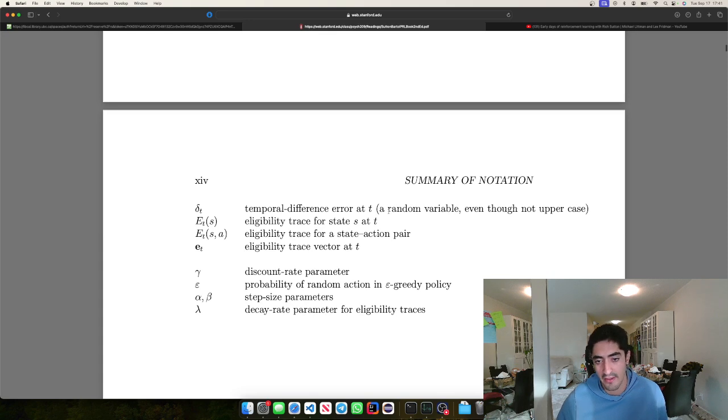Temporal difference error at t, a random variable even though not in our case. Eligibility trace for state s. Eligibility trace, that's a new word.